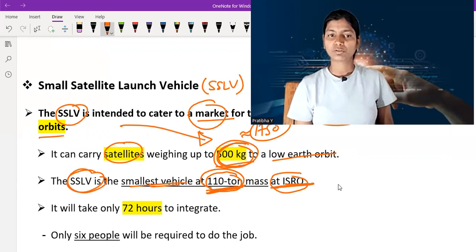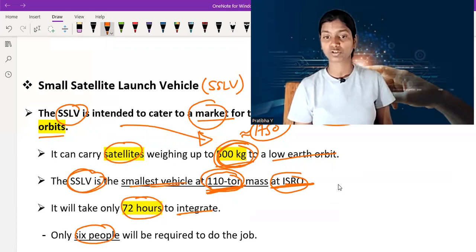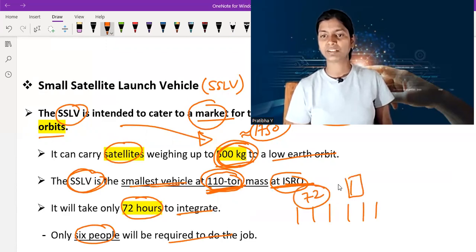It will take only 72 hours to integrate, and only six people are required to do the job. So 6 people take 72 hours to integrate the whole SSLV, and within 2 to 3 days we launch it.